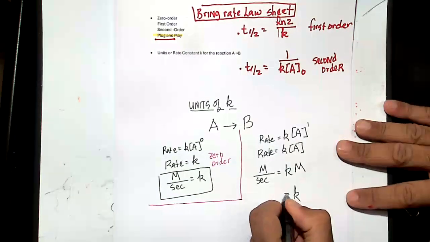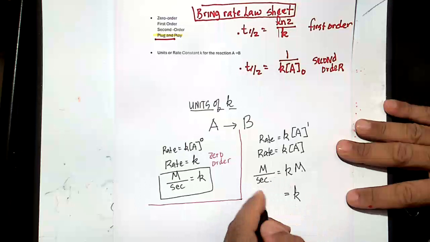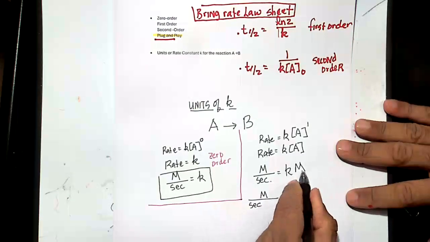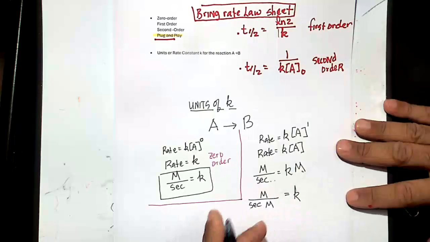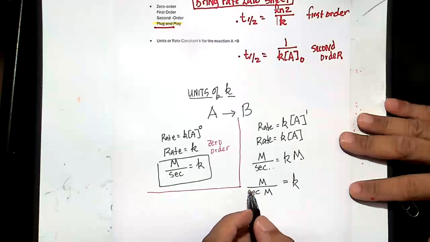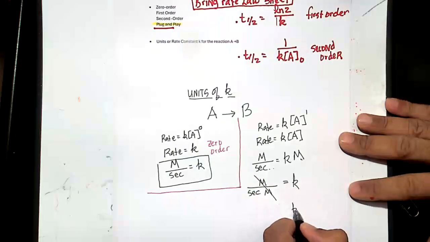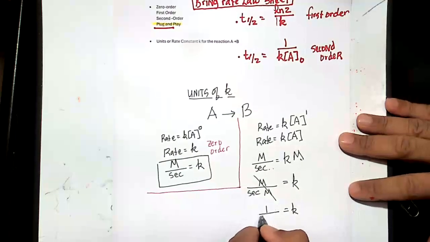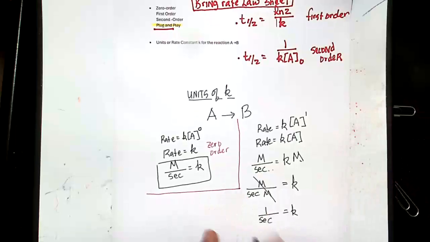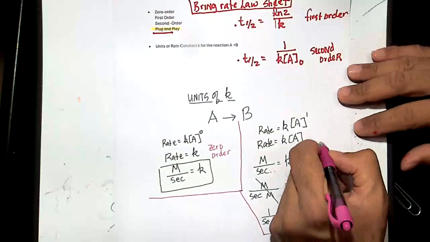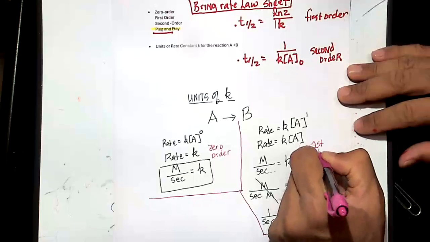So we will take that K, isolate it by dividing by M, and this is going to be M over seconds over M. So for first order decay for this reaction, what are the units of K? 1 over seconds. You can do seconds to the negative 1 also. That's perfect. So this is first order.